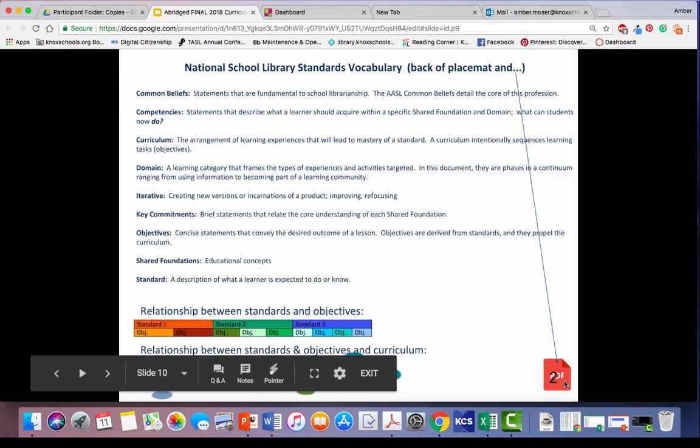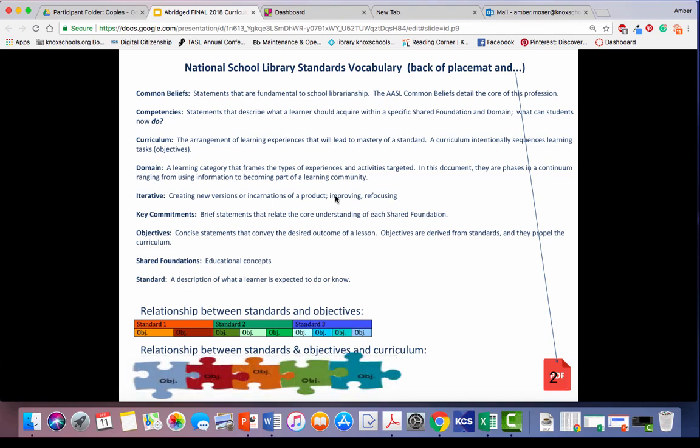So for example, if you pull up file number 2, you're going to find this vocabulary. Also, if you have one of the large standards placemats that we've distributed, you'll find this vocabulary on the back.